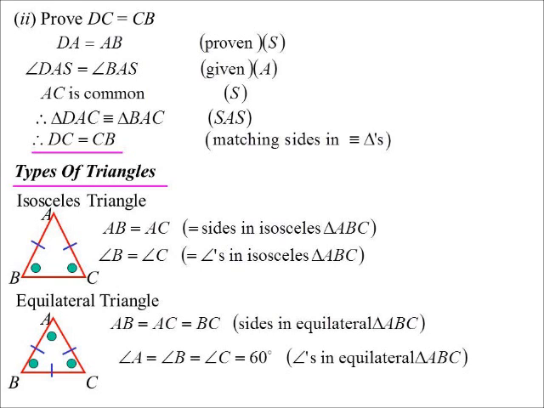And for the angle, not only will I say they're all equal, I'll actually tell you what it is, because if they're all equal, they of course have to be 60 degrees because of the angle sum of a triangle. And so I don't have to say equal angles in an equilateral triangle because they're all equal. So they're simply angles in an equilateral triangle.